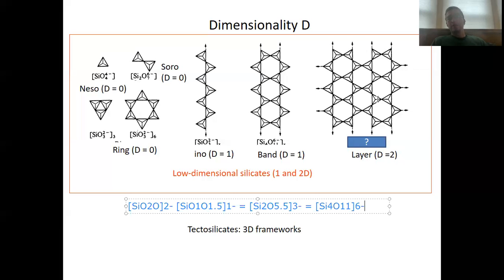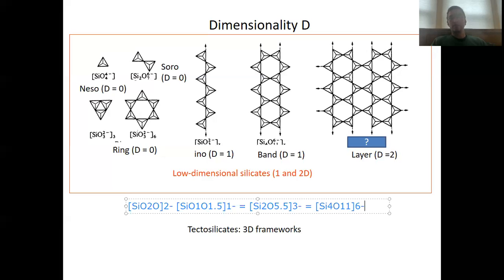Now we can again ask, what's the chemical composition? And again, we can answer this question by looking at the individual tetrahedra. We see now that each and every tetrahedron has 3 bridging oxygens and 1 terminal oxygen.